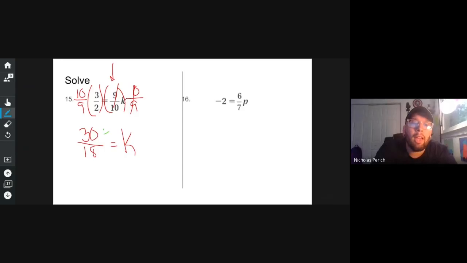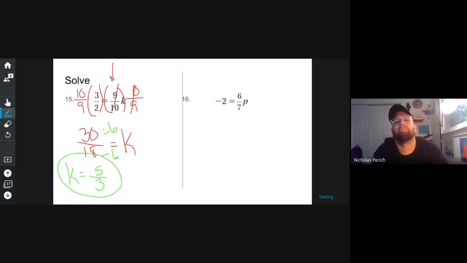Divide the top by 6, divide the bottom by 6, because you can simplify this. 30 divided by 6 is 5. 18 divided by 6 is 3. And instead of writing out equals K, I'm going to bring that K to the left because I don't like my variable on the right. Not pretty, but not crazy either.